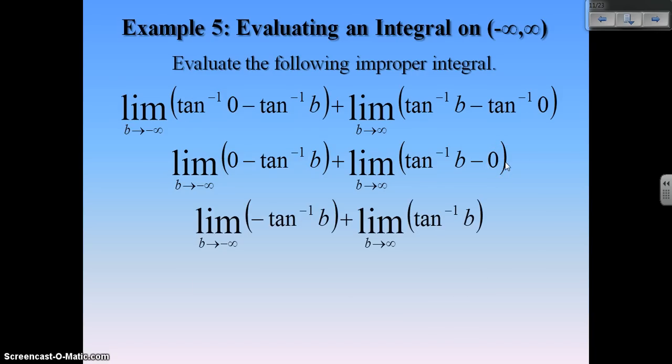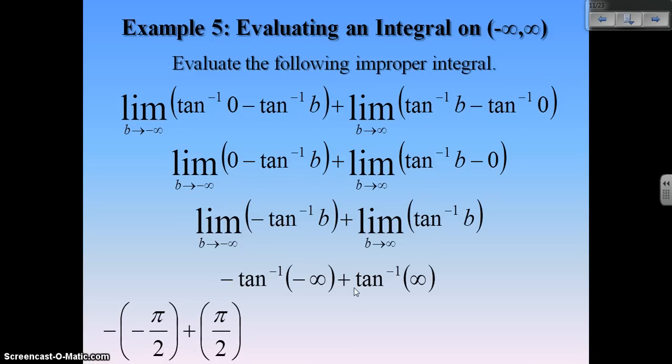And now we're ready to take care of the infinity. So I plug this in. Now the question is, what is arctangent of negative infinity? What is arctangent of infinity? Well, that's very simple. The arctangent of infinity is pi over 2, and of negative infinity is negative pi over 2.